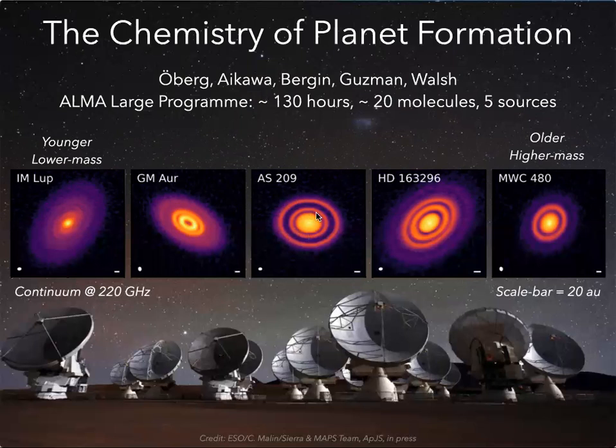One theory is that these are being sculpted by forming planets, but there are other physical origins for these dust substructures as well. We wanted to probe disks that had gaps, some that didn't have gaps, and some that were larger in continuum extent, and some that were a bit more compact. So while it's not a statistically meaningful sample, we tried to pick 5 sources that give us a span of different properties of known disk hosting stars.